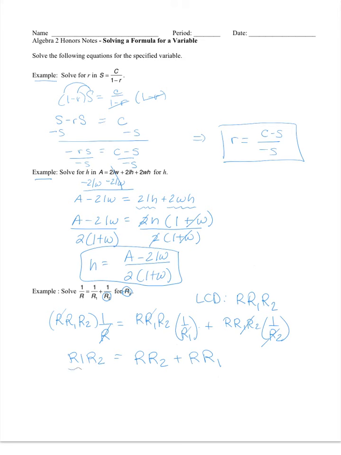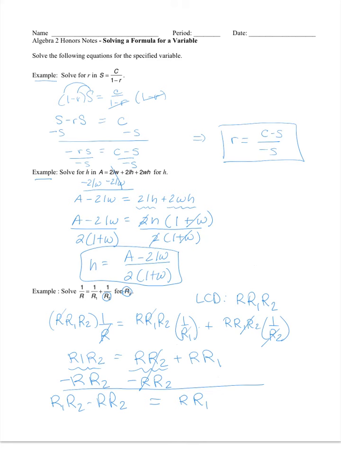Now we're trying to solve for r sub 2. I notice that each of these terms has an r sub 2. So perhaps I want to subtract this r sub 2 from each side. Now, you can't cancel anything out, but I'm left with r sub 1 on the right-hand side, and I'm left with r sub 1 r sub 2 minus r sub 2 on the left-hand side.